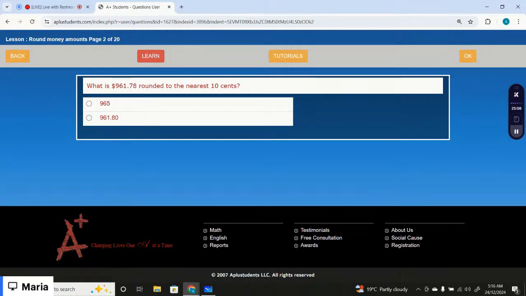What is $961.78 rounded to the nearest ten cents, which is the correct option? Lawal, what you don't understand?